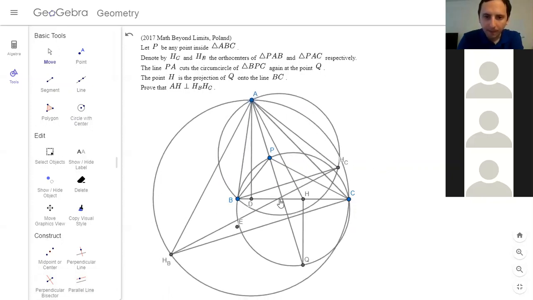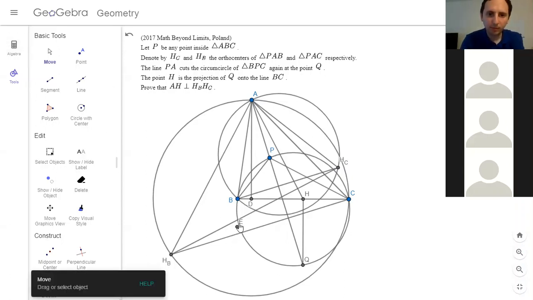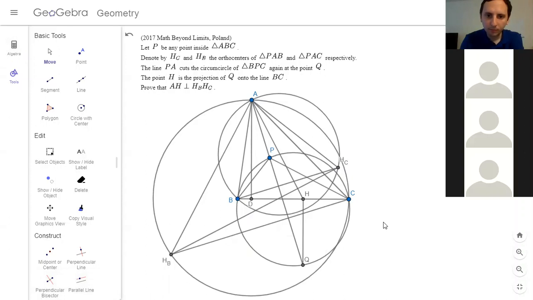So that would be the difference between the power of HB with respect to this circle and the power of HC with respect to that circle. I wonder if that helps. Oh no, H isn't the center of the circle. My bad. So that would not work.